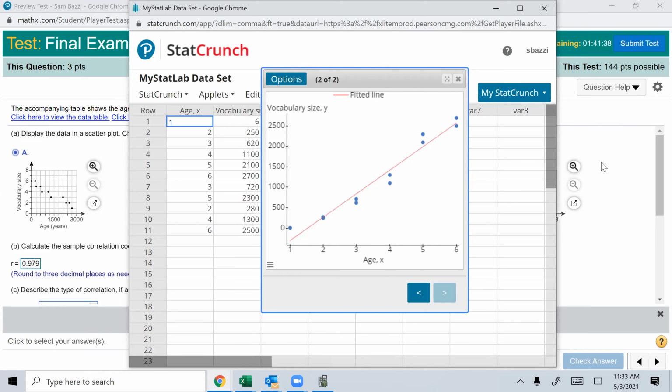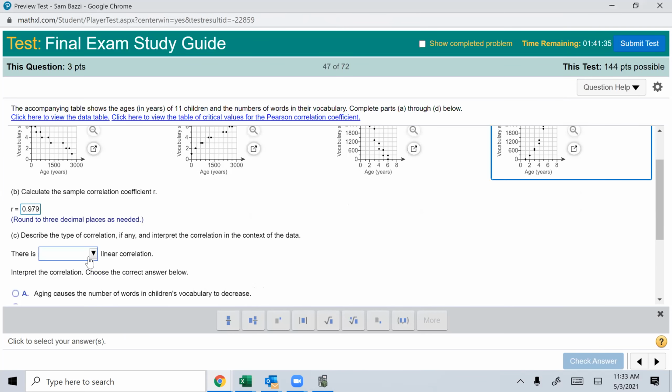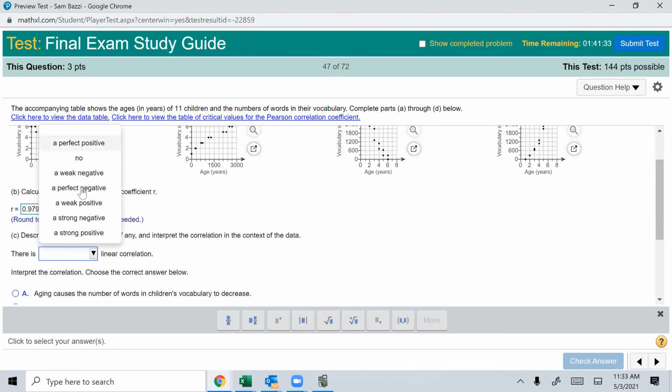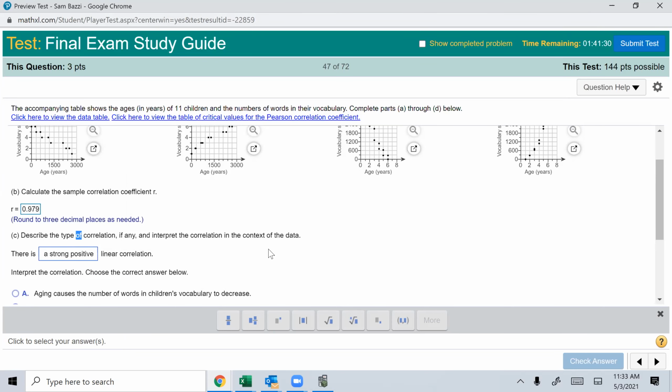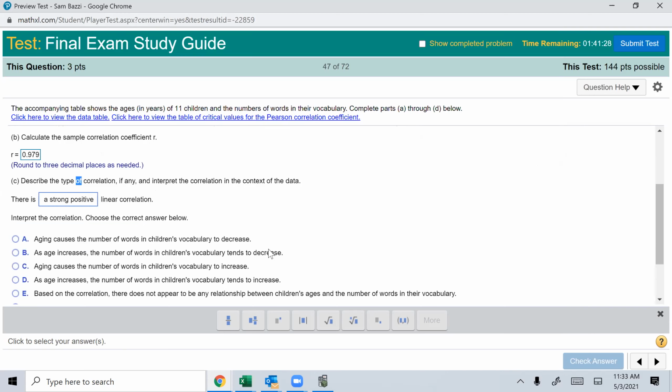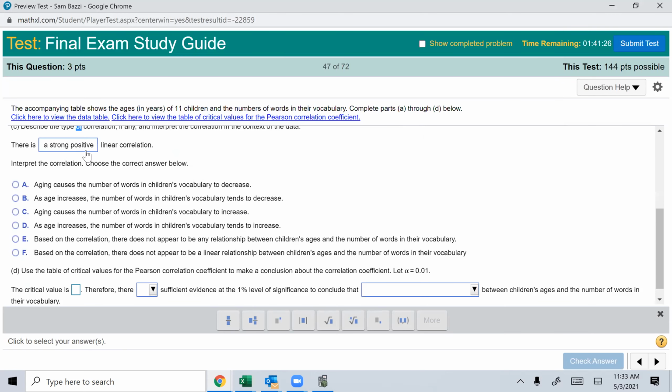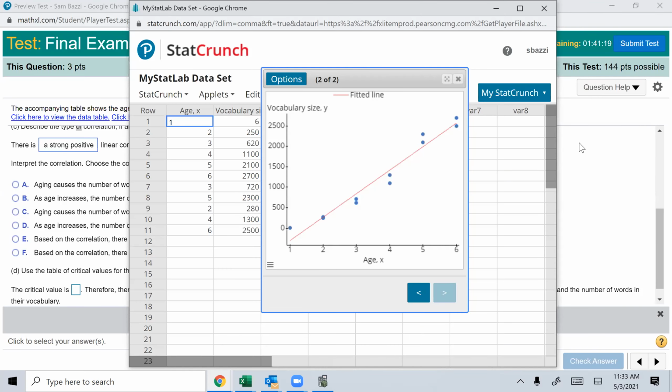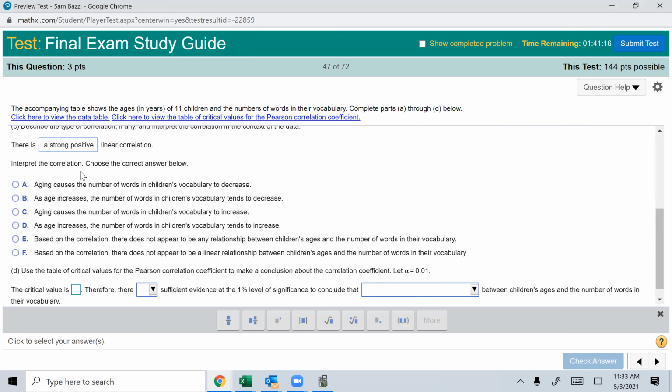Describe the type of correlation. Would you guys agree that there is a strong positive linear correlation? Or what was it? Linear, strong what? Let's just bring it back. Yeah, strong positive. Interpret the correlation.